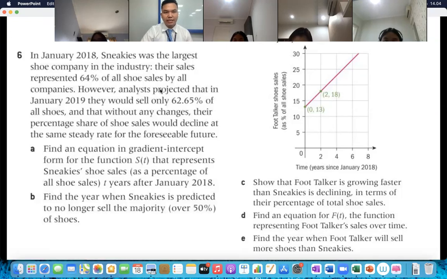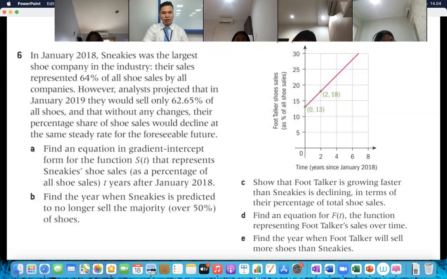Okay, guys, so this is the question. In January 2018, Sneakies was the largest shoe company in the industry. Their sales represented 64% of all shoe sales by all companies. However, analysts projected that in January 2019, they would sell only 62.65% of all shoes, and that without any changes, their percentage share of shoe sales would decline at the same steady rate for the foreseeable future.